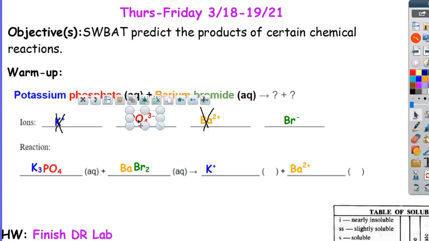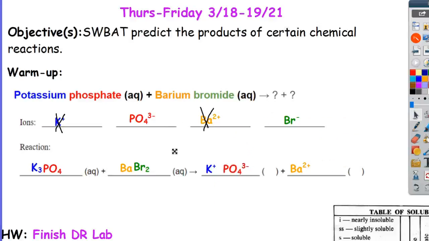So let me make a copy of my phosphate. So I have 2 ions left and 2 places where I can put them. Remember, I always have positive and negatives in my ionic compounds. Always a positive ion followed by a negative ion. So there's 2 places where I can put phosphate, here or here.